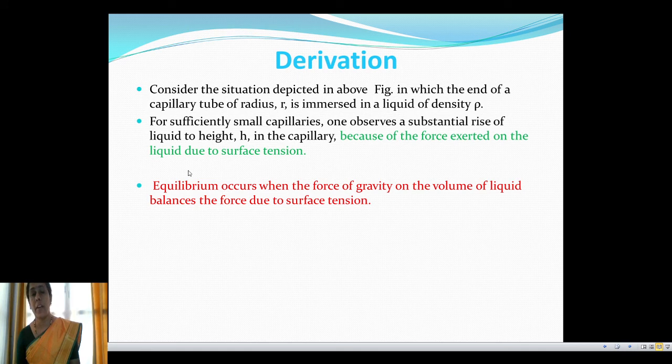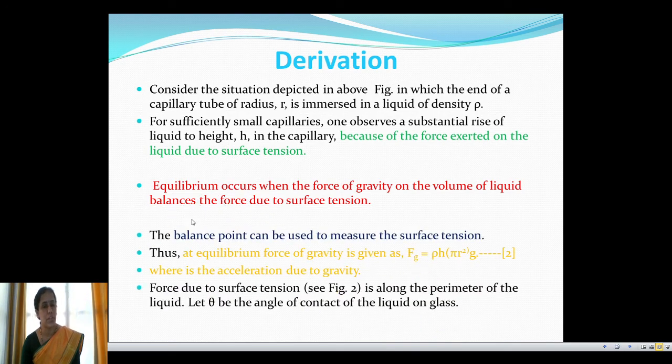When equilibrium is attained, the force of gravity on the volume of liquid balances the force due to surface tension. The balance point can be used to measure the surface tension. Thus at equilibrium, the force of gravity is Fg equal to rho into h pi r square into g, where g is the acceleration due to gravity.